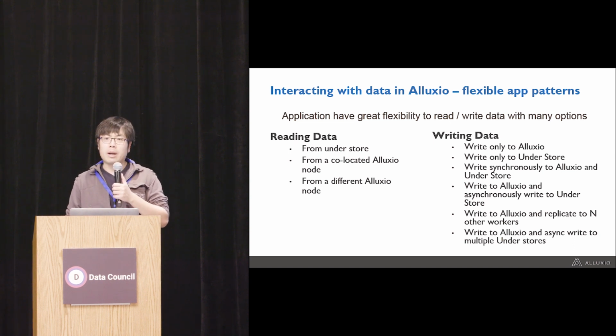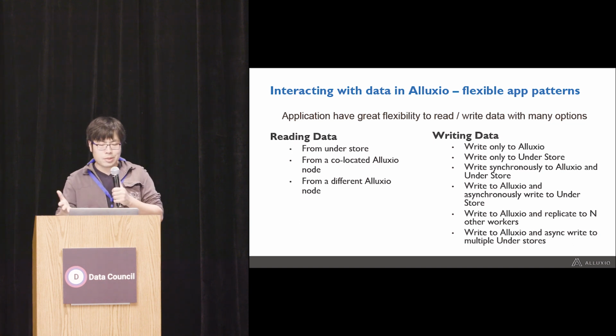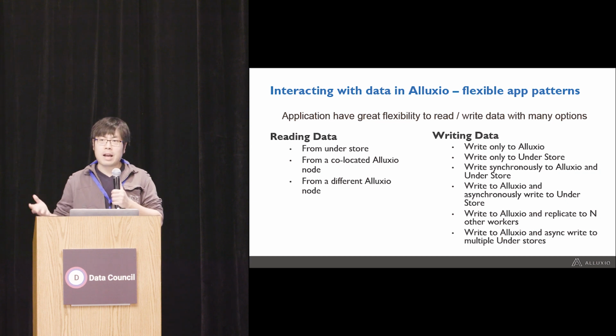Or you can set more replication, so I can write to n different copies on n different workers. Or you can say, I want to write to Alluxio, and then asynchronously propagate this data into different persistent storage, like S3 or Azure, to have that data mirrored.